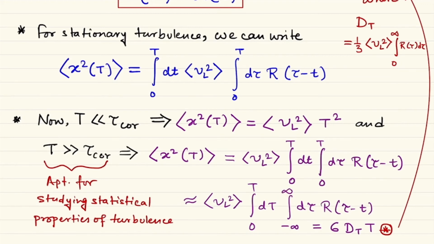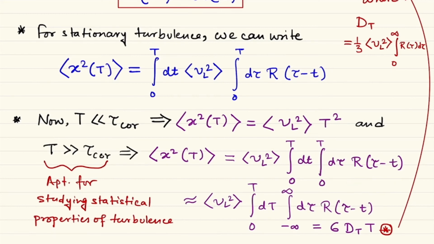Instead of 0 I just write minus infinity, because before 0 the correlation doesn't have any contribution, and if my time is very large, then instead of t I can write infinity.